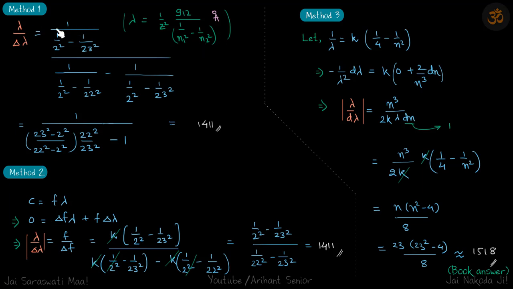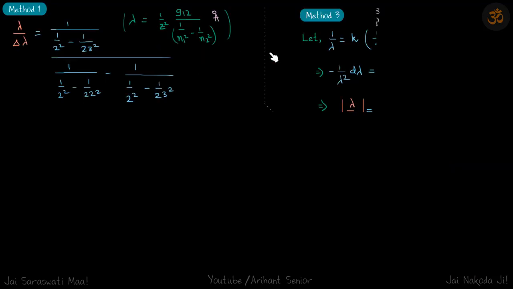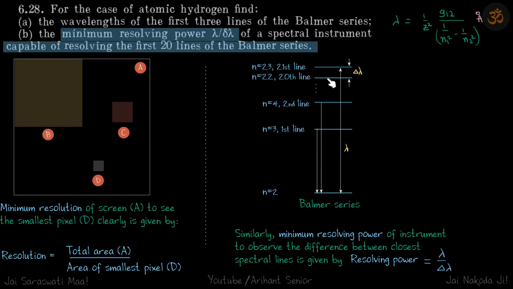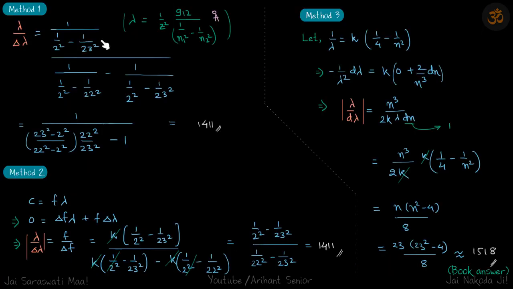So lambda will be 1 by 2 square minus 1 by 23 square, divided by the difference in lambda of these two lines, so when n is equal to 23 and when n is equal to 22. So that's what we have done: 1 by 2 square minus 1 by 22 square minus 1 by 2 square minus 1 by 23 square. Simplifying this, we will get our answer 1411.